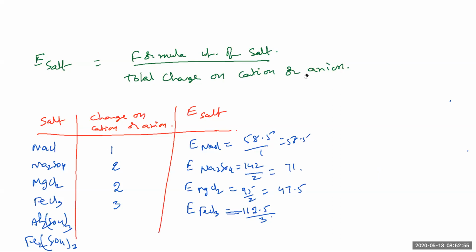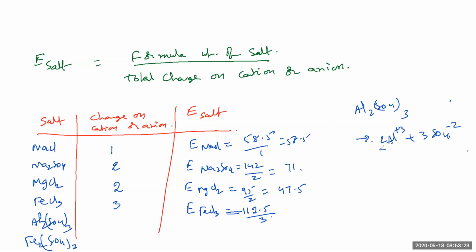Yeah, very nice, it is 6. So how is aluminum sulfate dissociated? Al2(SO4)3 dissociates as 2Al plus 3 and 3 moles of SO4 minus 2.